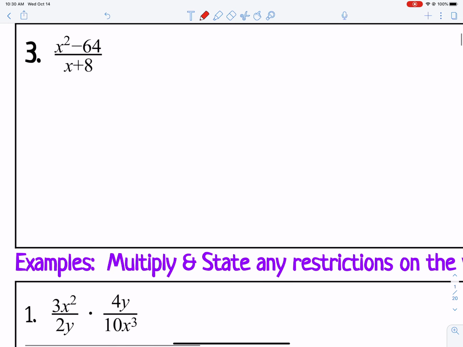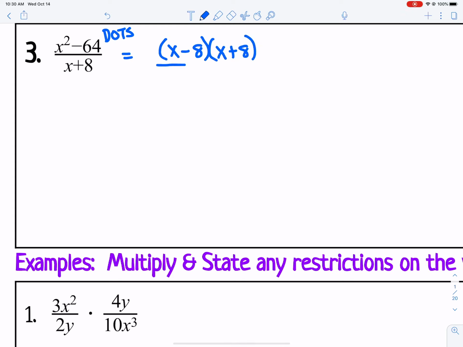We have x squared minus 64 divided by x plus 8. So in my numerator, I have a difference of 2 squares. So I factor into x minus 8, x plus 8. The denominator is just x plus 8, so we can't factor that any further. And then notice those two are in common in my numerator and my denominator, so I can cancel them out. And then I just have x minus 8 left in the numerator.